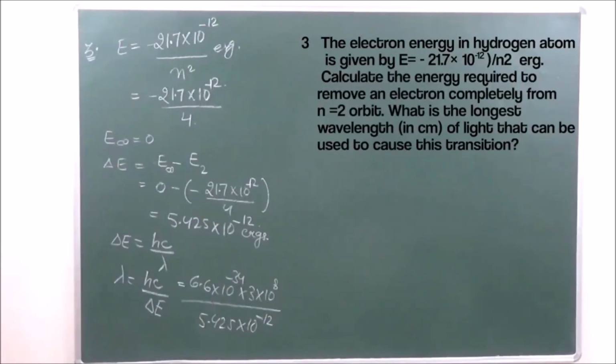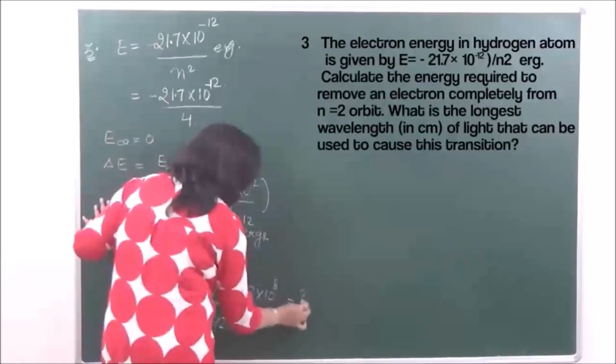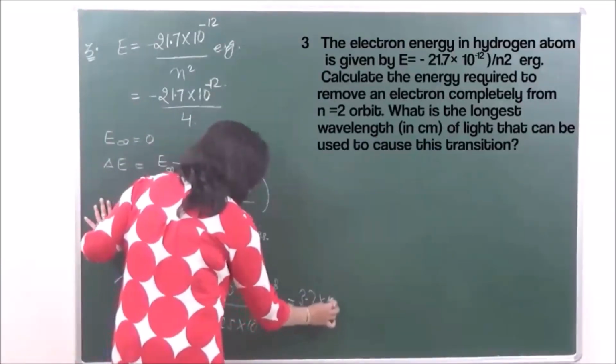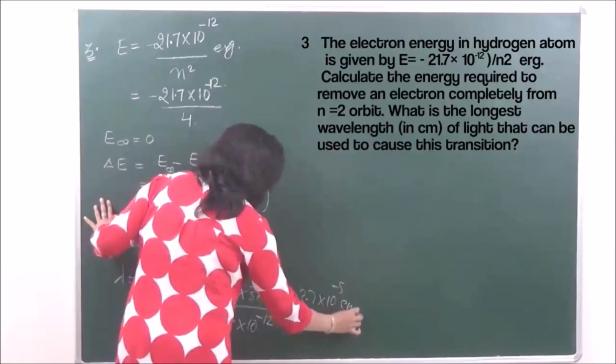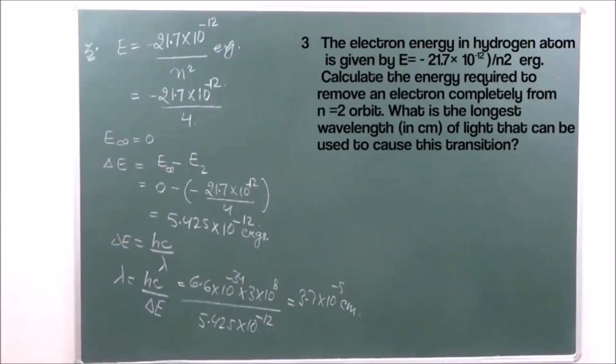That is lambda. So lambda when calculated comes to 3.7 into 10 raised to power minus 5 in centimeters.